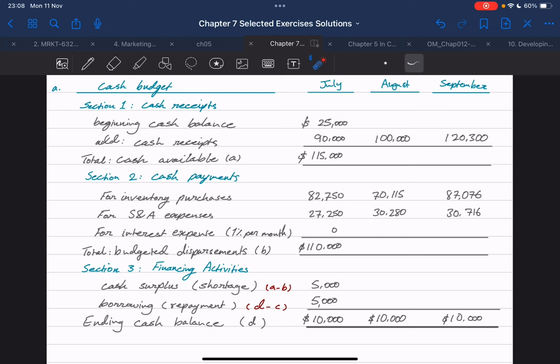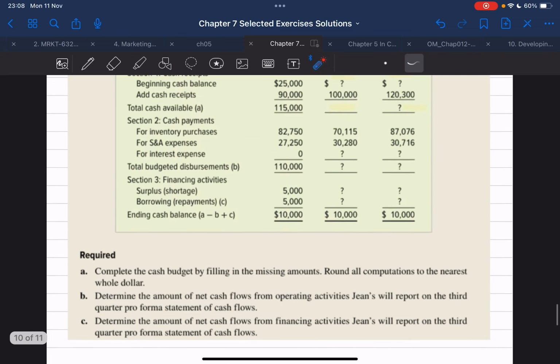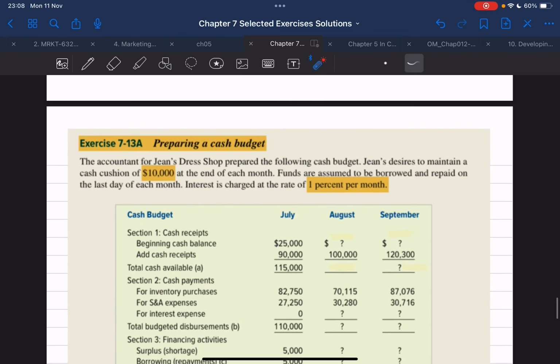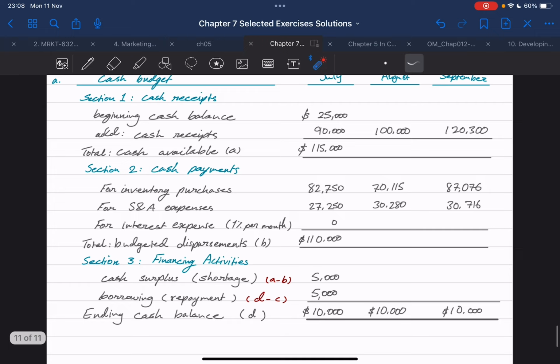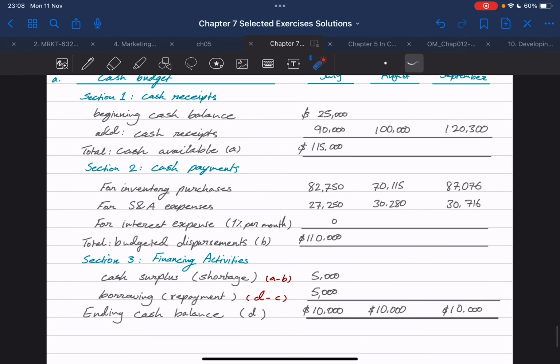Okay? Now notice that even though we have a surplus for this month, here it says that the business is expected to borrow another $5,000. Why? The reason being that the question told us that Jane's desires to maintain a cash cushion of $10,000. Okay? And this is a typical or normal process that almost all businesses do.